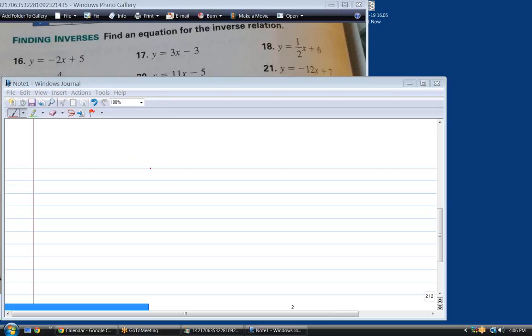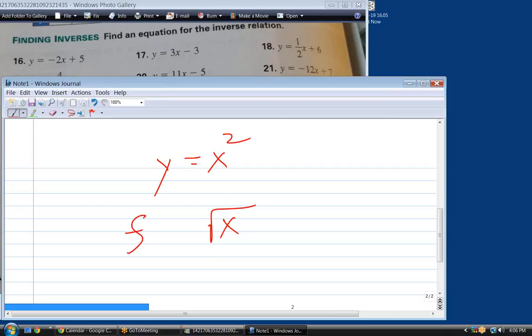In other words, if I tell you we have a function y equals x squared, well, if I want to undo that, I've got to take the square root of x. That undoes that. So the square root of x would be the inverse.